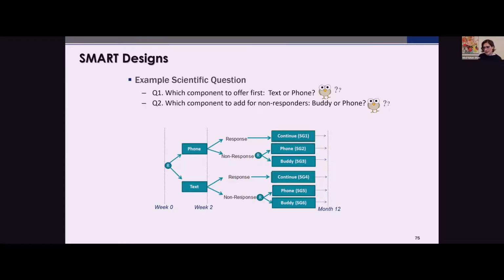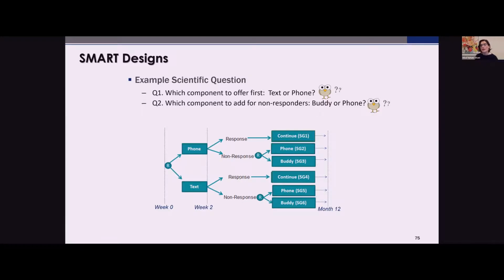Then I can identify my non-responders and I can re-randomize them to either phone coaching or body training. Why do I do that? Because I have a second scientific question about how to address the needs of non-responders in week 2, by phone coaching or body training. That's why we randomize. Now, responders, they can continue with the same initial intervention, and we're not randomizing them. Why? Because we didn't specify any scientific questions about how to intervene for responders.